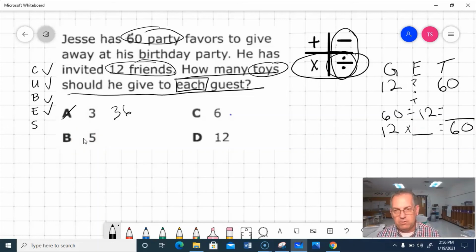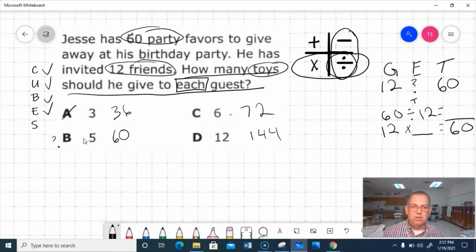Yeah, 12 times 5 is 60. So I think that may be my answer. What is 12 times 6? 12 times 6 is 72. And what is 12 times 12? Yeah, 12 times 12 is 144. So I'm pretty sure it's B.